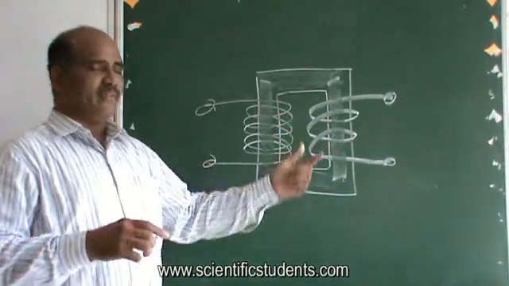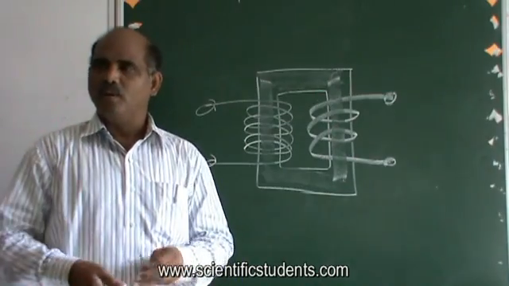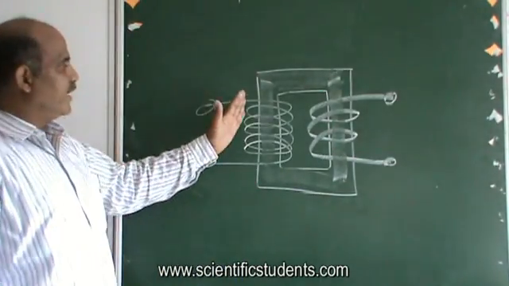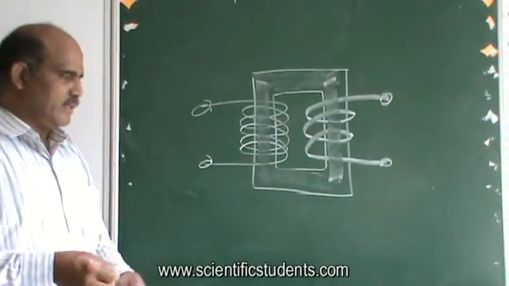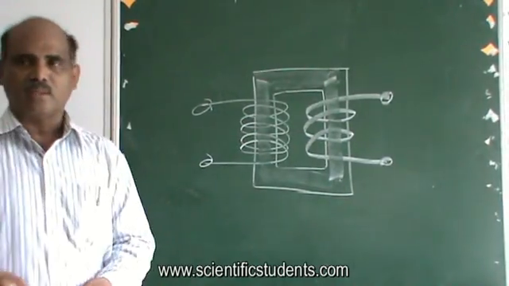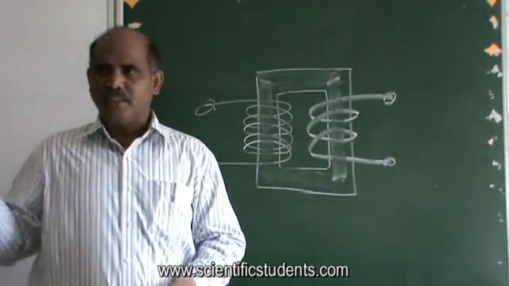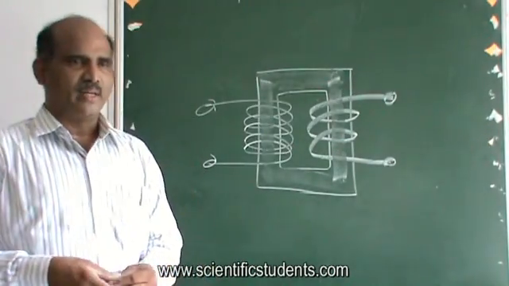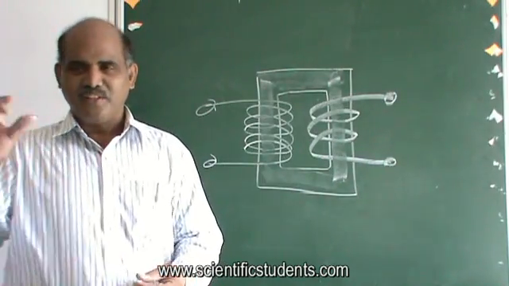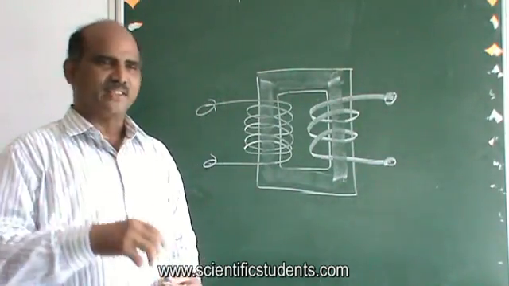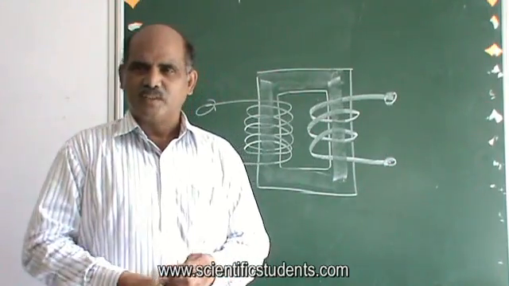The wire we have used for making this coil is enamel insulated copper wire. That means if you see the wire, it is not bare copper. It is already insulated. A layer of enamel is already coated on the copper. If you touch it, whatever power is going, you don't get a shock because it is already insulated.